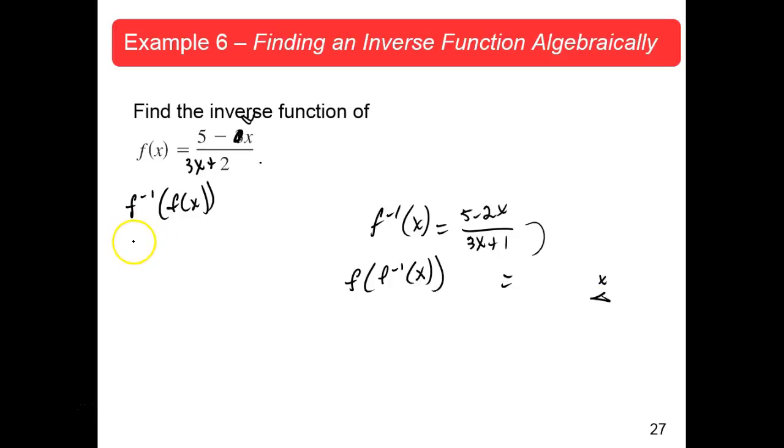Which do we plug in first? The innermost. F inverse of, and what is your f of x? 5 minus x over 3x plus 2. Okay, now what do we do?